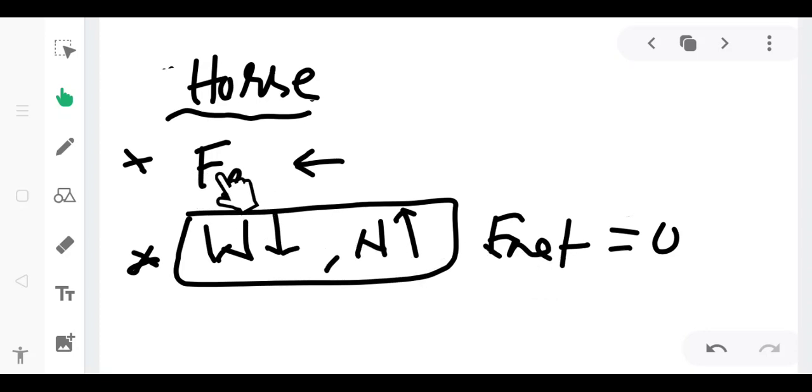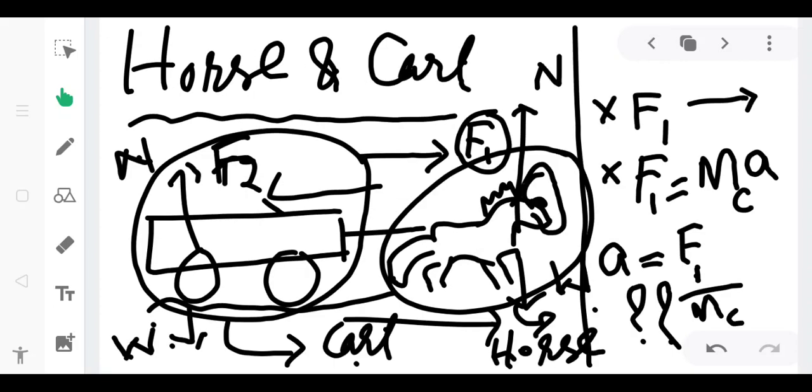See here, the cart is applying a force F2 in the backward direction. But in practical situations, we can observe that the horse will move forward. Even though F2 is the force applied by cart on the horse in the backward direction, the horse will move forward along with the cart.